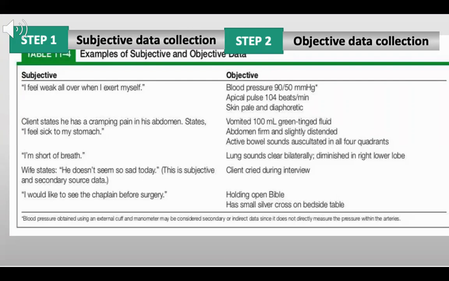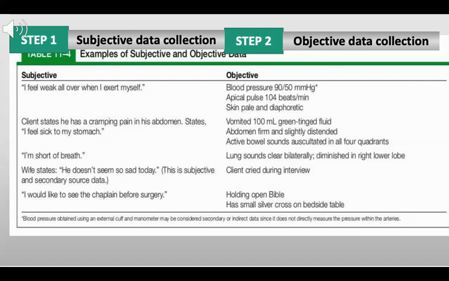Also take note that efficiency of collecting subjective data is facilitated through the use of assessment tools, or standardized questionnaires, or institutional questionnaires that are also patterned according to a nursing model, which aims to elicit the pertinent data needed from the client.